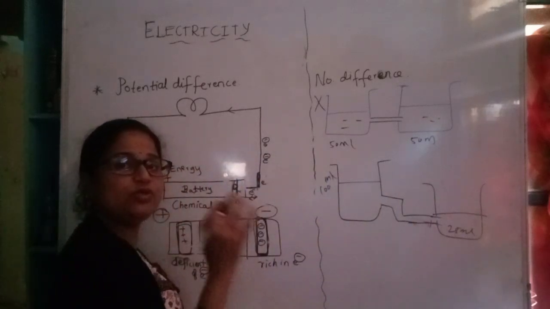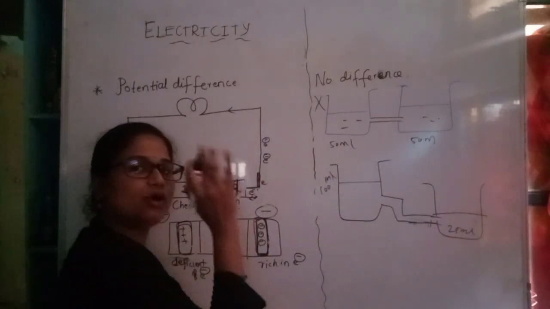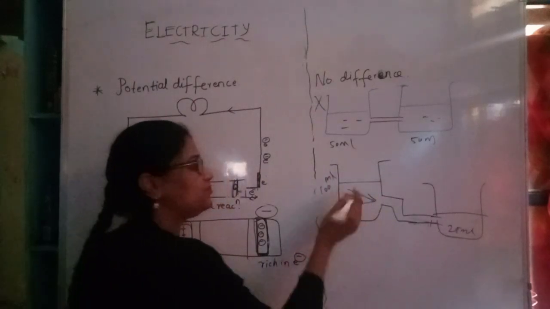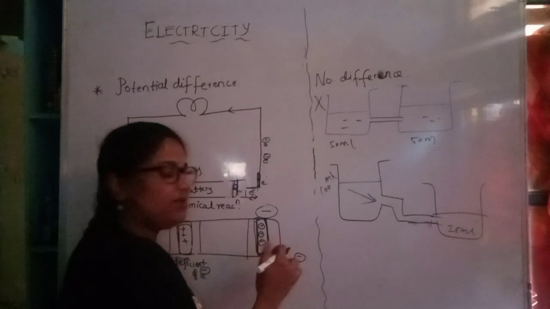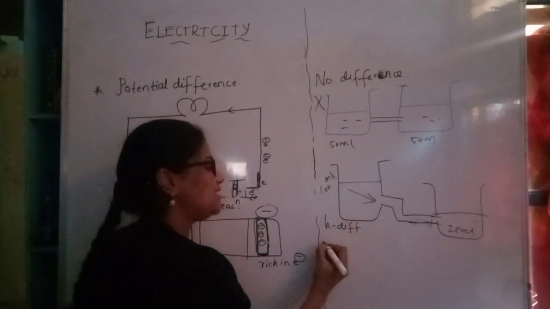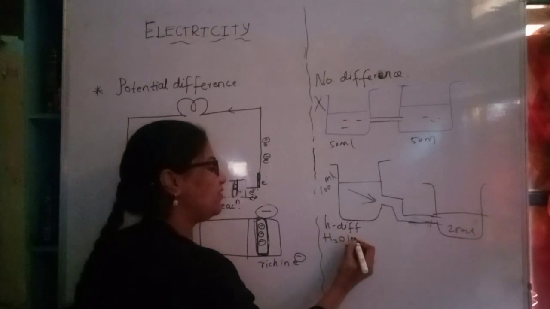Now when you see the movement of water, obviously the water moves from this beaker to that beaker. Why? Because there is a height difference as well as a water level difference.